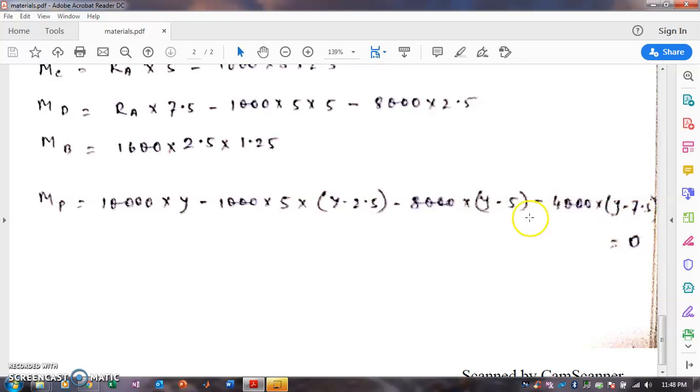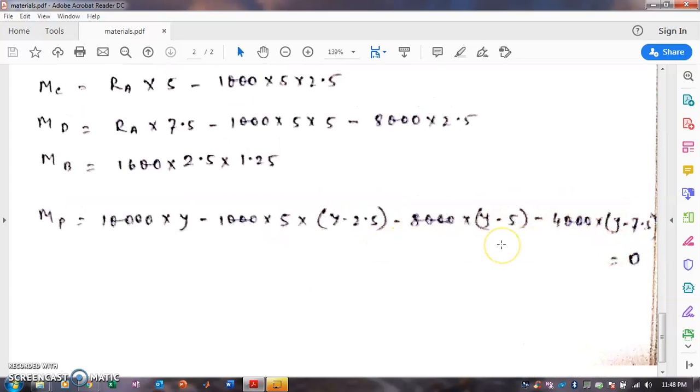That expression becomes 0, so from this equation we can get the value of Y. At first take 10 to the power 3 and it will cancel, then you can easily solve this equation to get the value of Y.